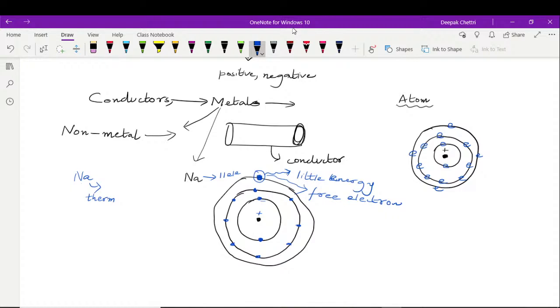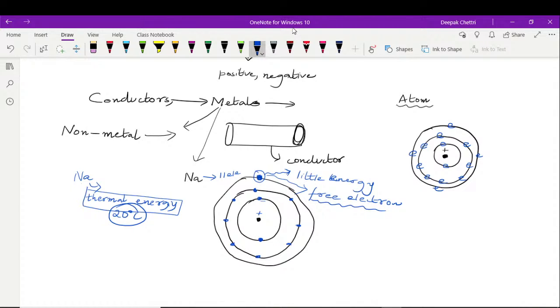Let us suppose the temperature of the room is 20 degrees Celsius, then because of this, this electron will get some energy, and that energy is called your thermal energy. And if it has that much energy also, it can come out, so it will almost become free. So, this electron will become a free electron.